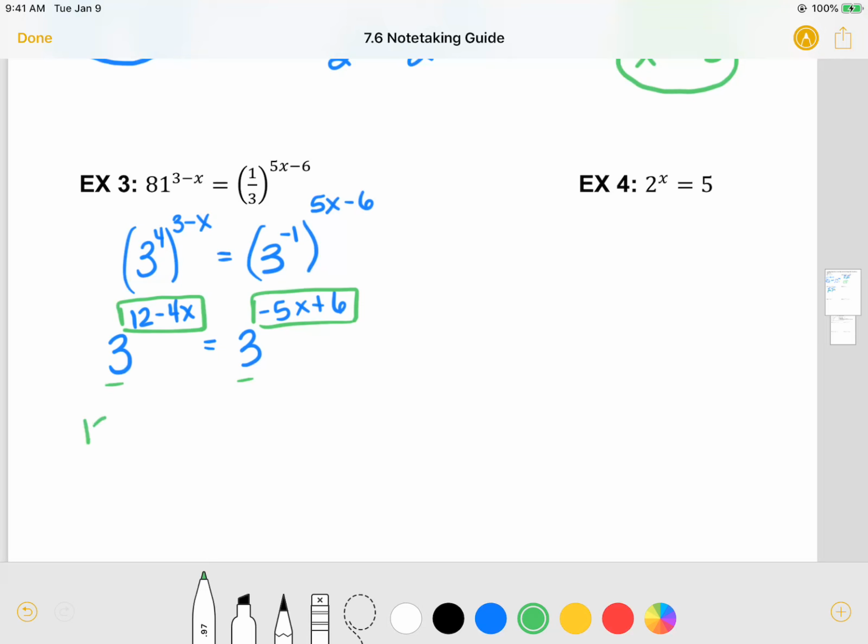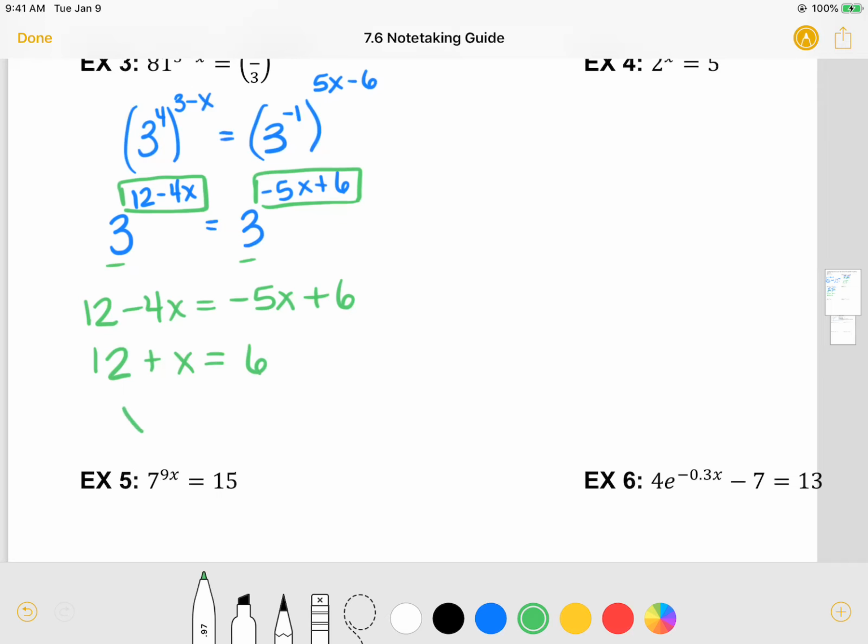Okay, so 12 minus 4x equals negative 5x plus 6. So now we want to solve, and maybe you want to add 5x to both sides, and what that's going to give us is 12 plus x equals a positive 6, and that means that x would be a negative 6. Okay, so that would be our answer.